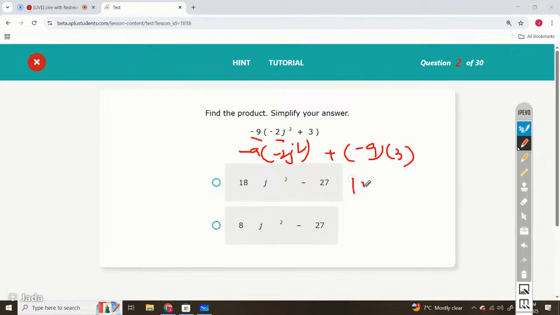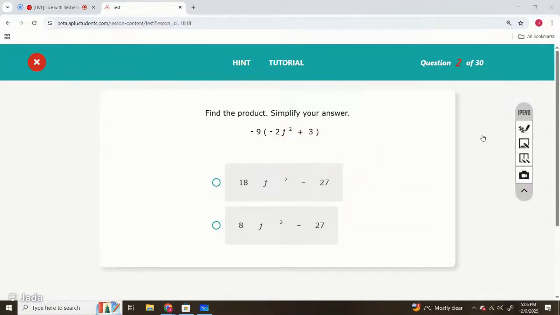So that is 18j square minus 27. Got it? Option number 1 is the correct option, that is 18j square minus 27.